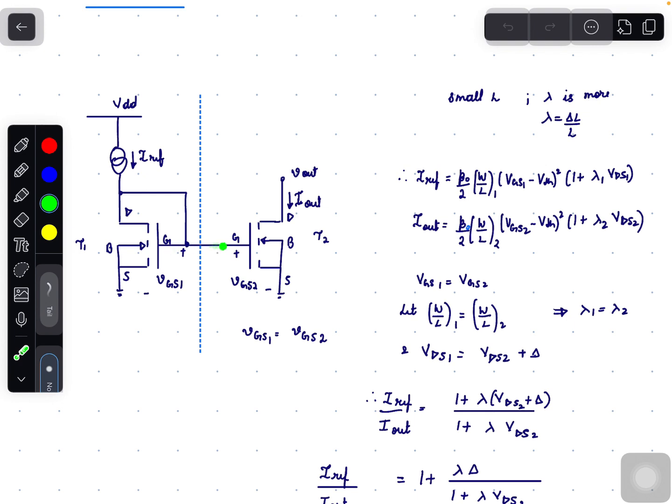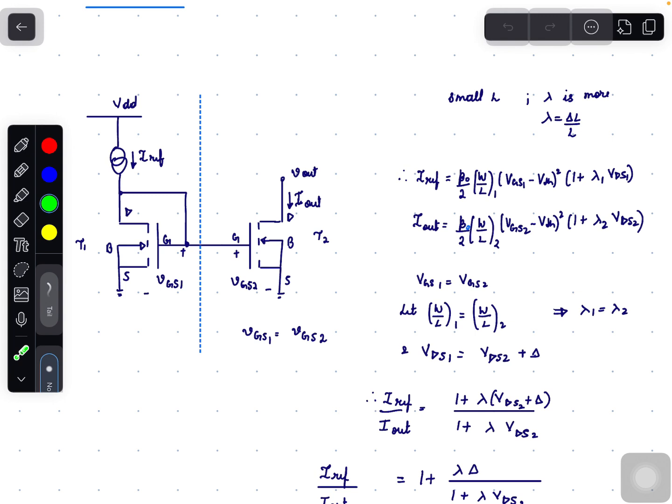Here the gates are shorted and the sources are the same, that is grounded, so VGS1 equals VGS2, and let us assume that (W/L)1 equals (W/L)2. So λ1 will be equal to λ2, and let VDS2 be smaller than VDS1. So VDS1 equals VDS2 plus delta.